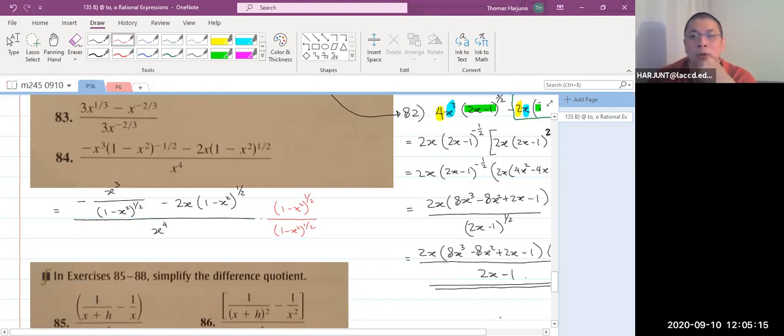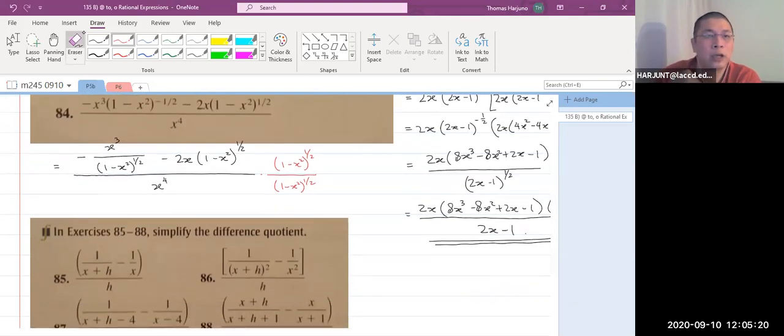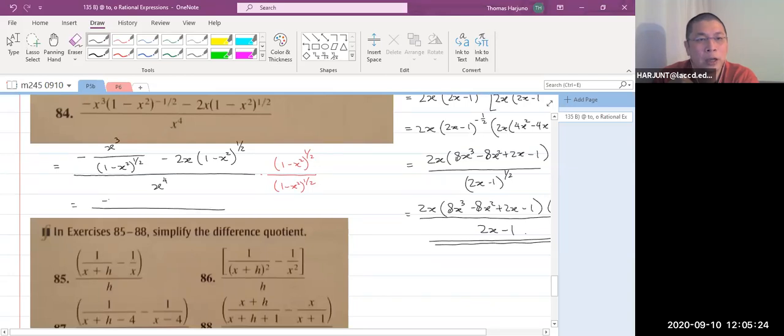Okay, so then you will end up with, on the numerator, negative x cubed minus 2x times 1 minus x squared over x to the 4th times 1 minus x squared to the power of 1/2. And then from there you simplify further. But that's the basic idea.